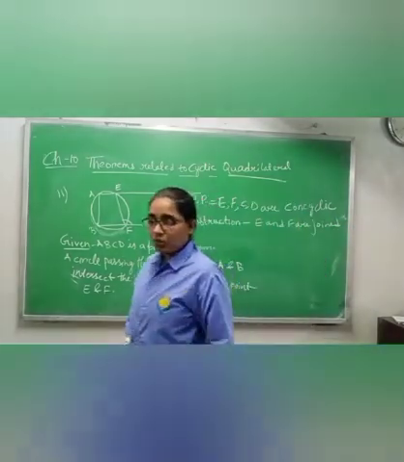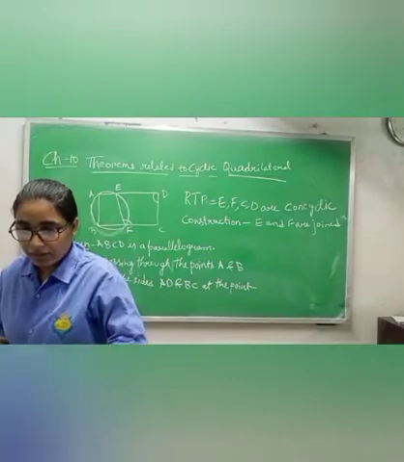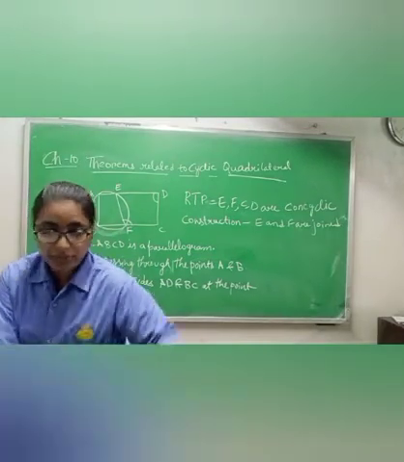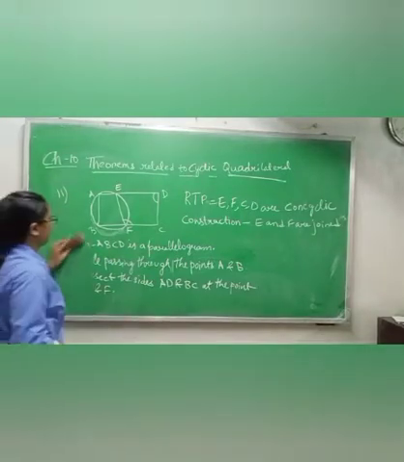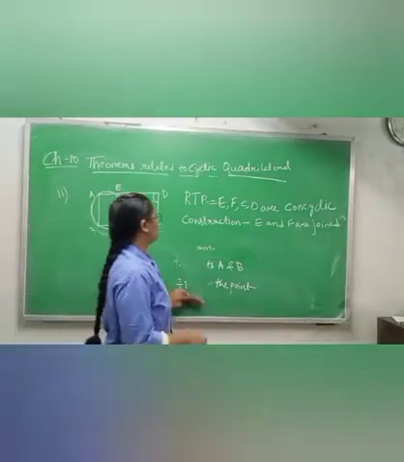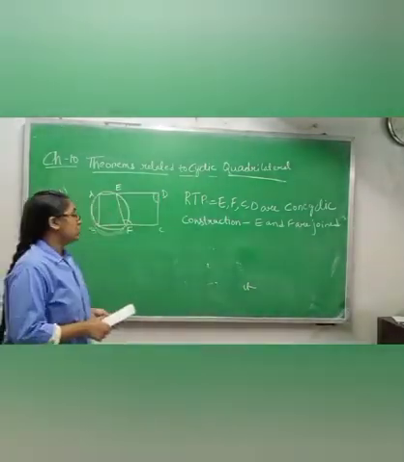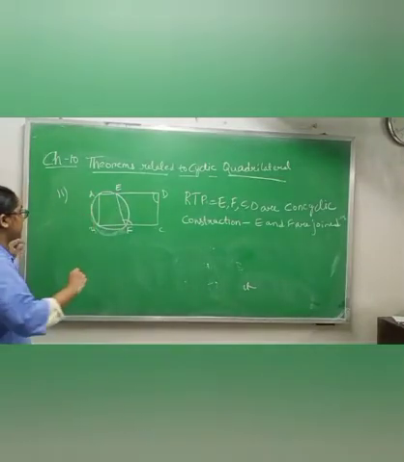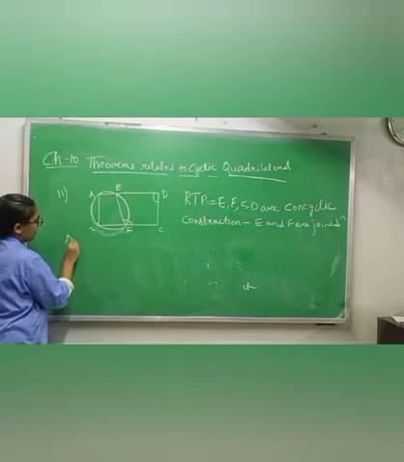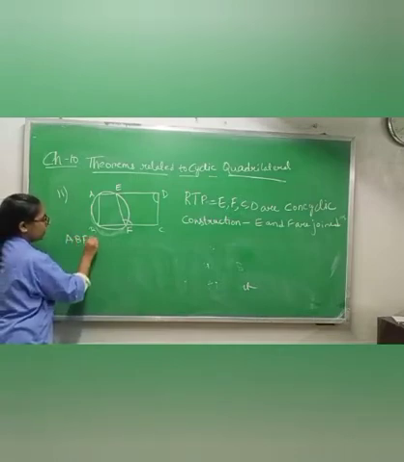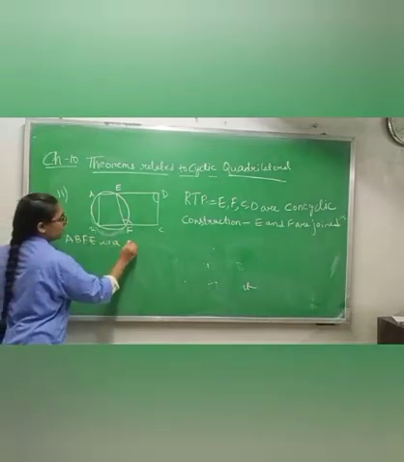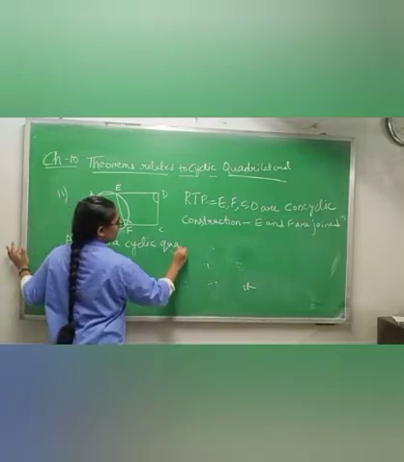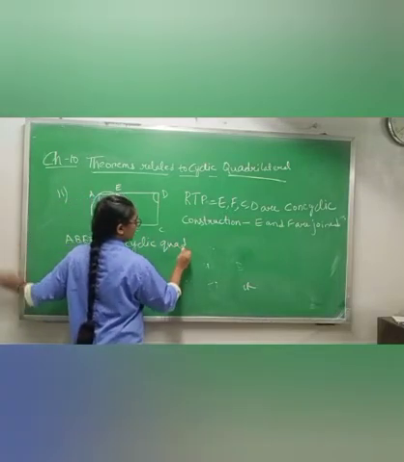Now pause your video and write the given part, the RTP part and the construction part. Now I am writing the proof. You can see that ABFE is a cyclic quadrilateral because it lies inside the circle.